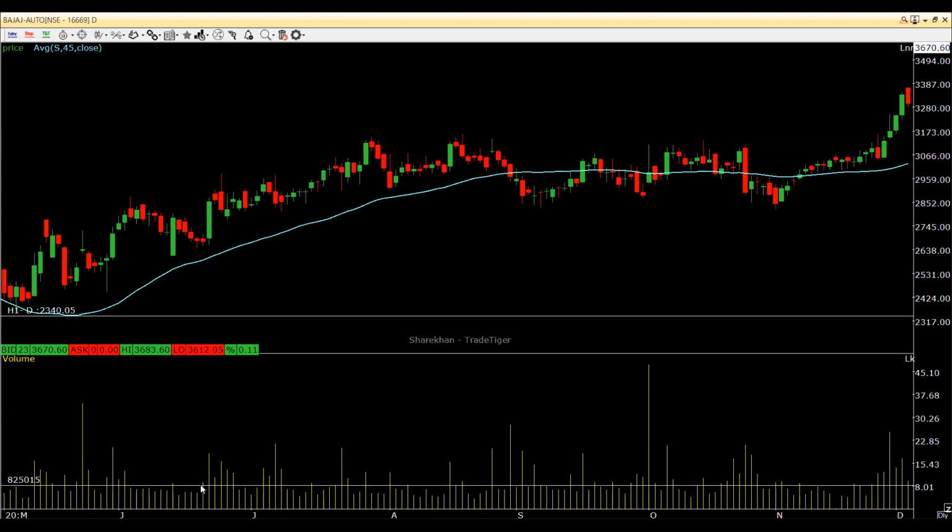Now you mark the points which are much higher than this, where the volume has shot up. See, this is one such point, this is a point, this is a point, and so on and so forth. And you identify places where there is a firm trend reversal around this particular point.